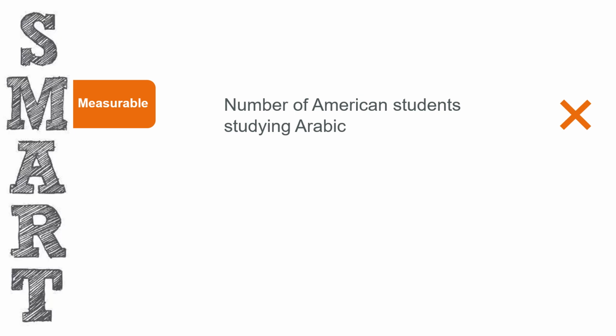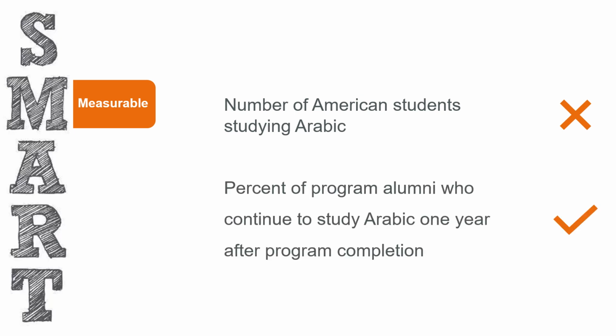And second, what counts as studying? Are we looking at college majors? Are we only looking at a specific class at a certain level? What are we looking at here? A more measurable version might be "percent of program alumni who continue to study Arabic 1 year after program completion."